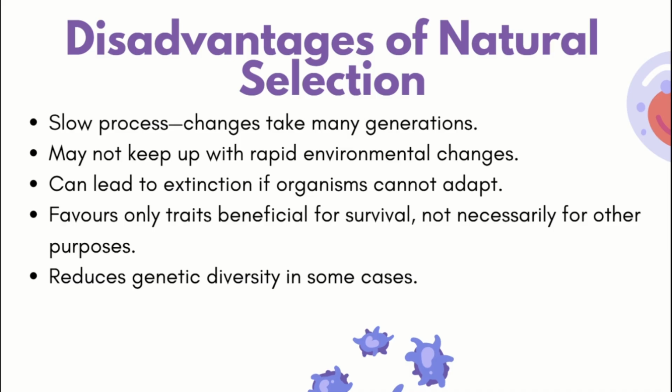And actually, let me use a real world example with Darwin's finches. The environment is not constant, meaning that, for example, way back, you have a population of birds, and there was a drought.